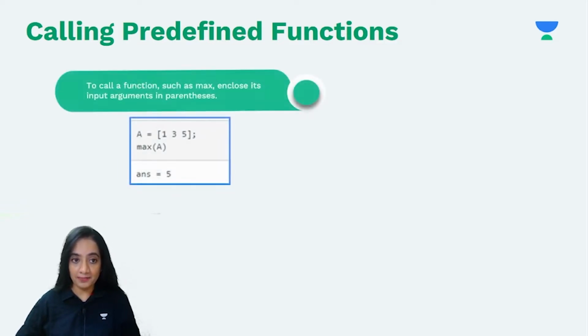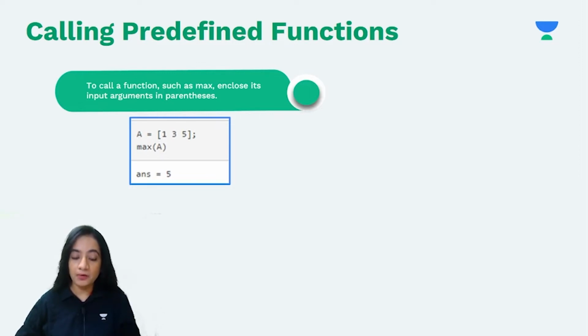For example, if you want to calculate the maximum element from a row vector, let's say I have A equals 1, 3, and 5 here. So I'm applying max of A, with the bracket, and the answer will be 5 here.